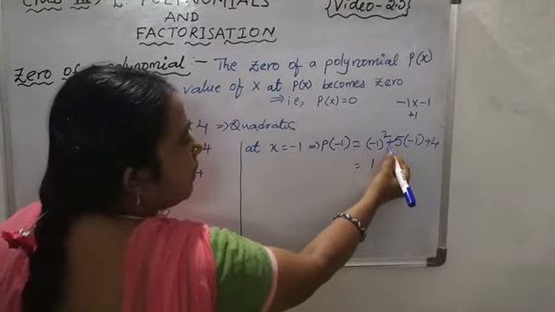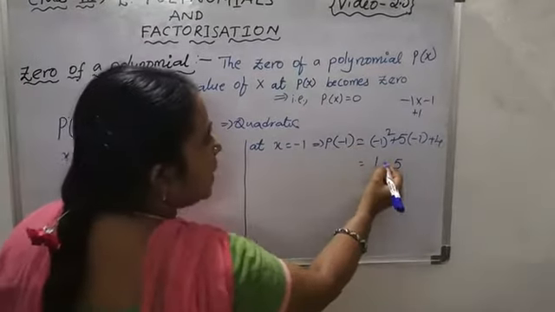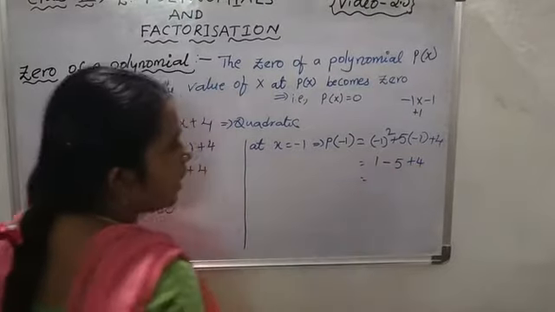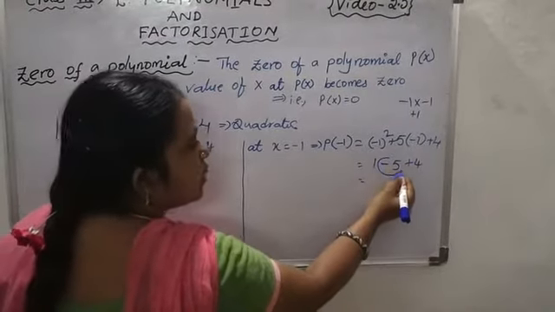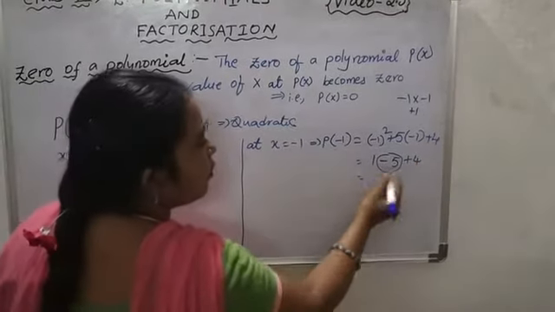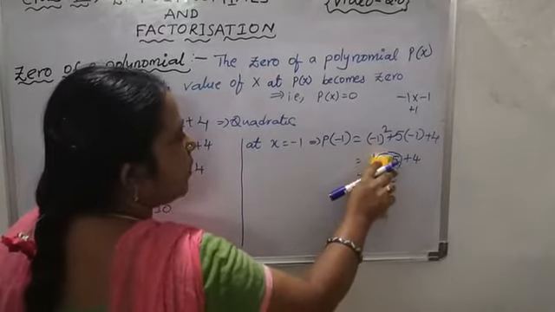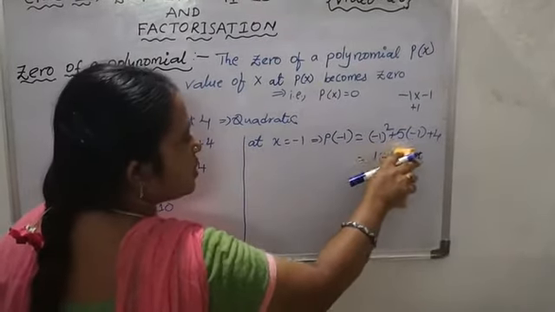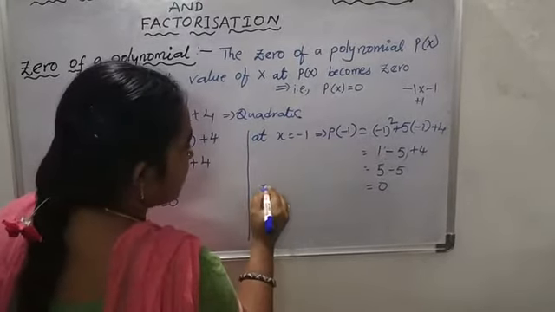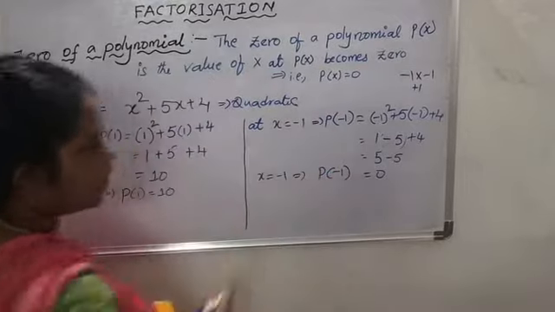Observe here the plus symbol and the minus symbol, both opposite signs, so we get minus 5, plus 4. Here minus 5 is the only negative value; the remaining two are positive. 1 plus 4 is 5. Remaining minus 5. 5 minus 5 is equal to 0. So if we substitute x is equal to minus 1, then p of minus 1 is equal to 0.